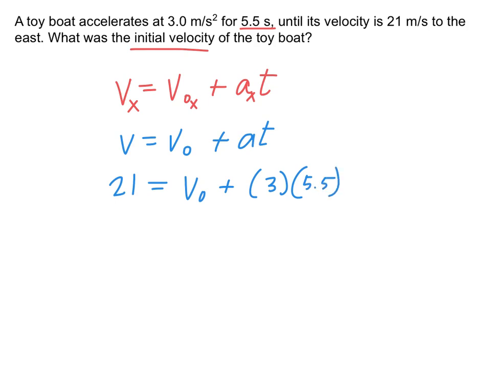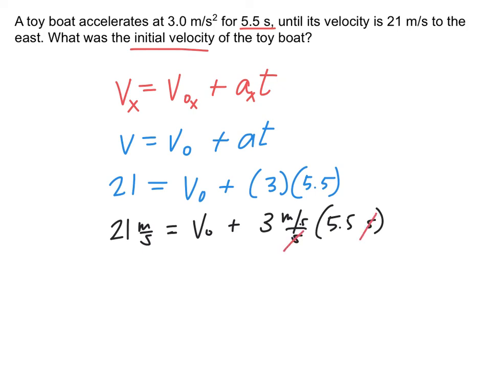Again, if you would have preferred to include units, let's look to see how that looks. You can see here that the 3 meters per second squared, when we multiply that by 5.5 seconds, the seconds unit cancels, and we do get meters per second for this term, which means we're allowed to subtract that result from the 21.